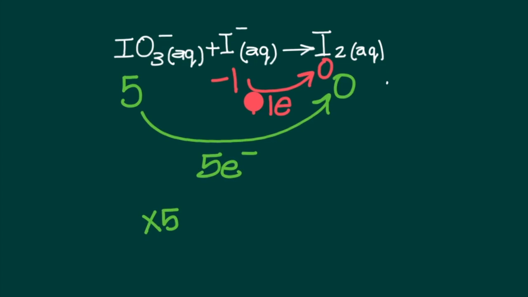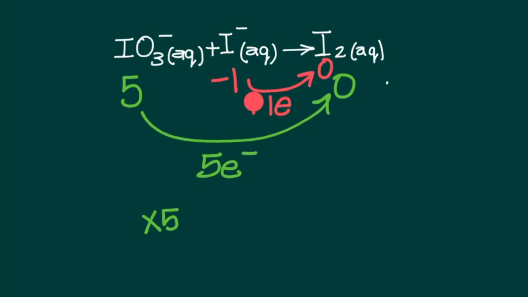And if it's reduced, it means it would be gaining 5 electrons to move from oxidation number 5 to oxidation number 0. Here, this I negative goes from oxidation number -1 to oxidation number 0, an increase in oxidation number, meaning that it is oxidized. To be oxidized means that it would lose one electron.